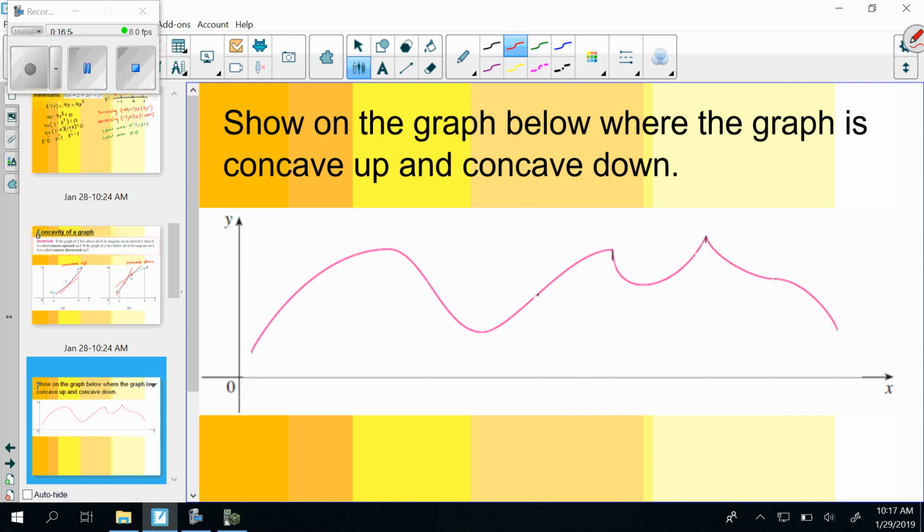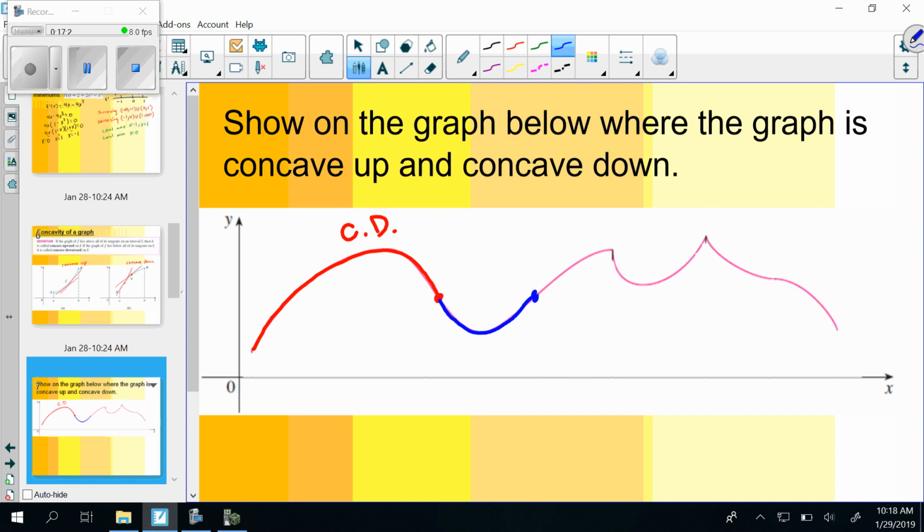So to start out with, this graph here, all the tangent lines would be above. All this is concave down. It's all curving downward. Somewhere in here though, it changes now. This is concave down. But now our graph starts curving up. It has that upward curvature where all the tangent lines would be below.